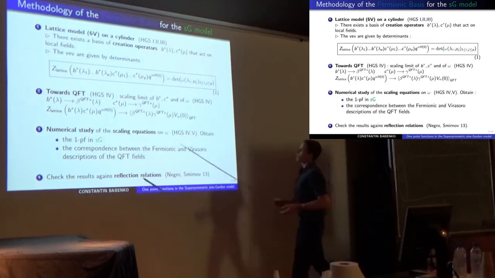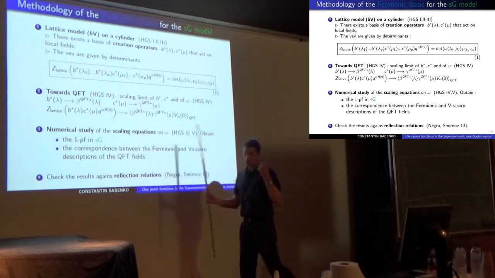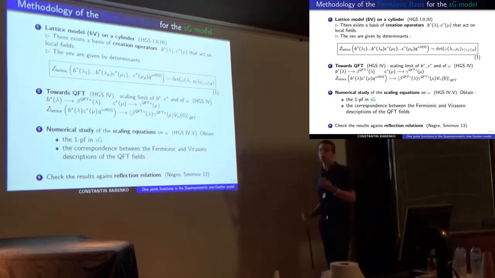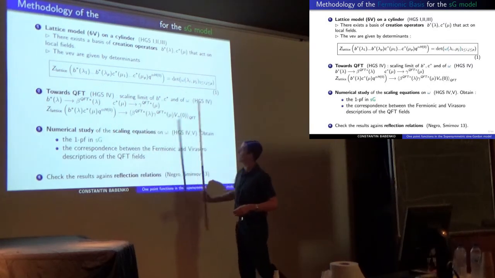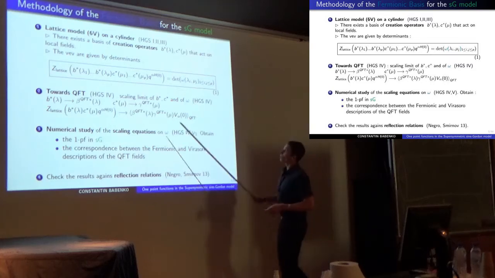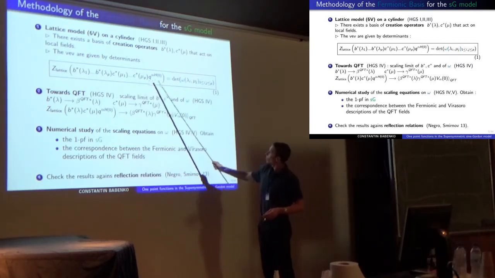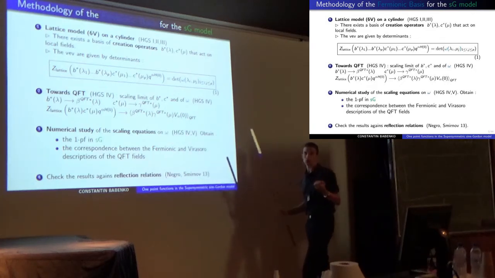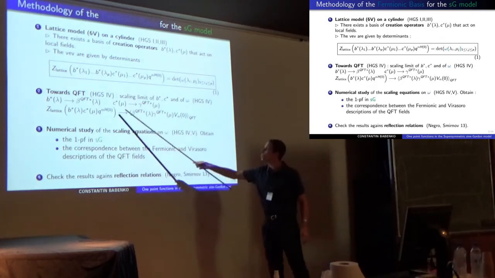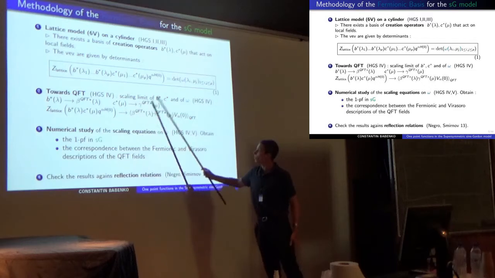So these B star and C star have nicely defined scaling limits in the QFT, which we call beta star and gamma star. And moreover, such vacuum expectation values scale nicely to some one-point functions on the QFT side that correspond exactly to these operators beta and gamma.